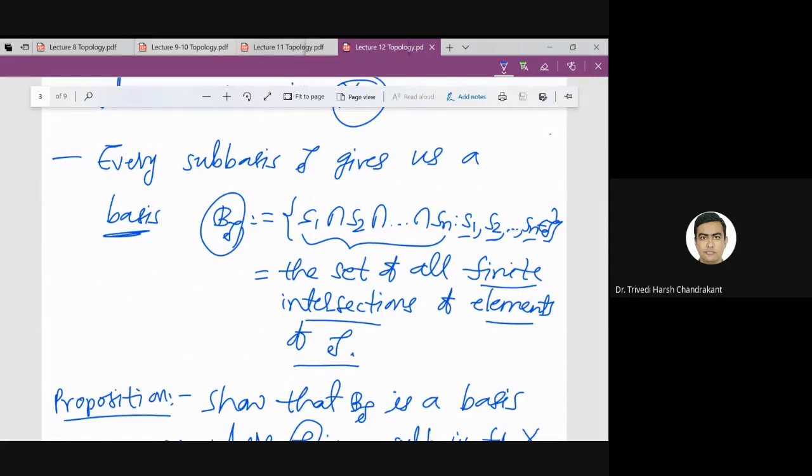Now we already know if I have a basis, I will get a topology which is the union of elements of the basis, right? So in short, if I have a subbasis on X, to get a topology, first I will take the collection of all finite intersections, and then I will take all the unions of those sets.